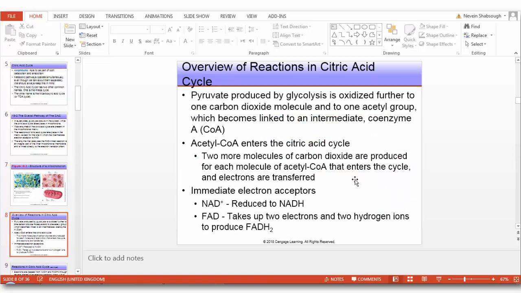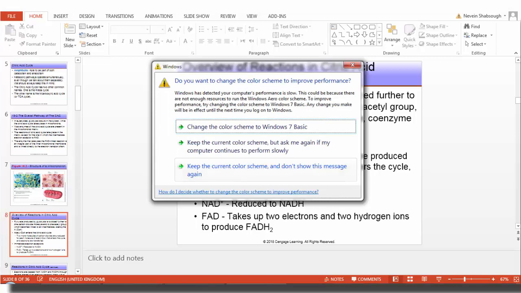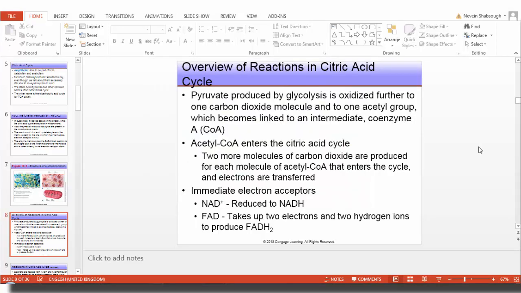Under aerobic conditions, pyruvate produced by glycolysis is oxidized further, with water and carbon dioxide as the final products of the oxidation.